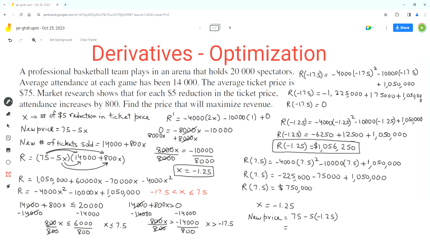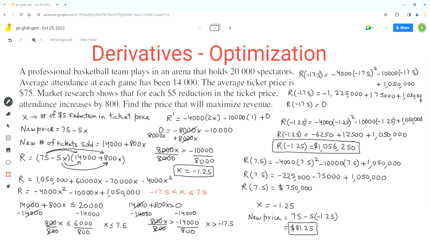So I got 81.25, and the unit is dollars. That means the company or the team should increase the price, not reduce it, to maximize revenue. And the price that maximizes revenue is $81.25.